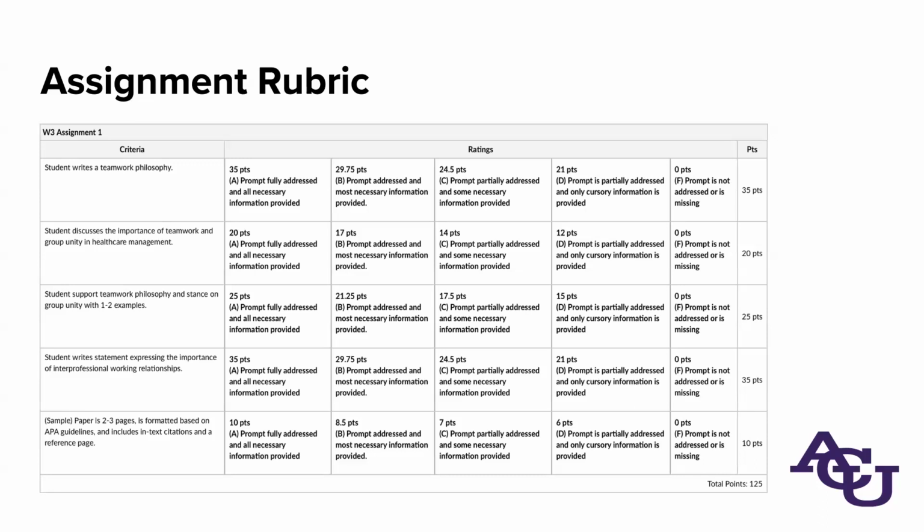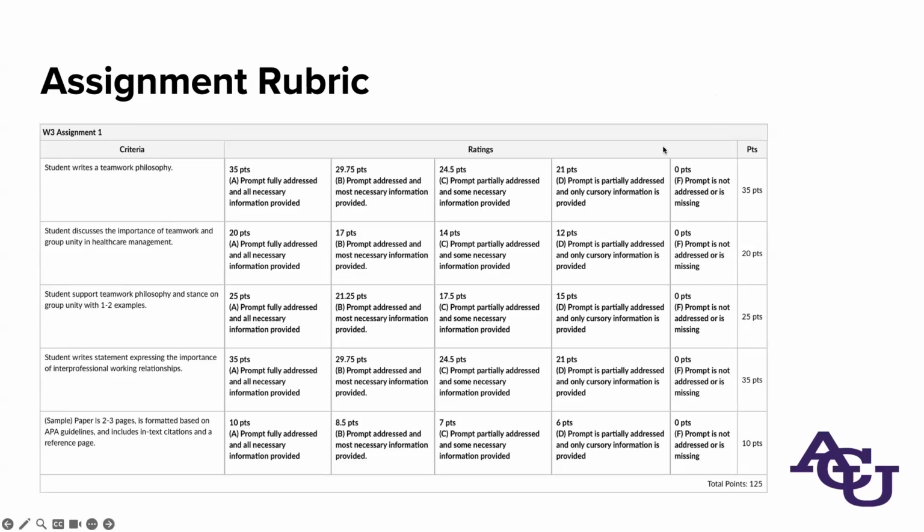So that's why I look at this and I say, okay, if that's 80 points and the statement expressing the importance of interprofessional working relationships is 35 or a little bit less than a third, that suggests that they should be in roughly a 2-to-1 ratio in length, just to give adequate space for this. So even though it doesn't strictly have to be those lengths, we can look at this and say that is approximately how long these instructions suggest it should be.